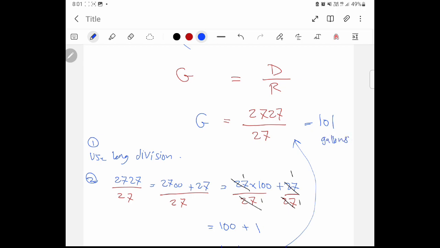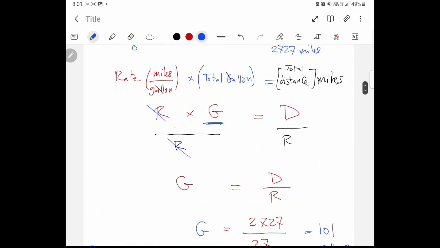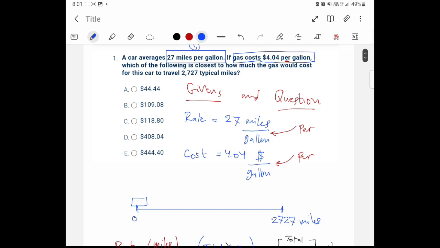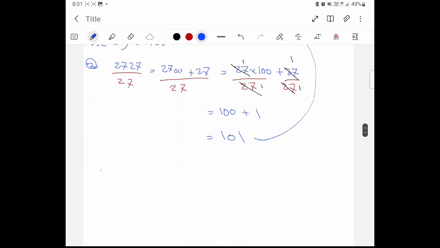Okay, so this is the total amount of gallon that the car will consume, but the question is asking for the cost. So if the cost is $4.04 per gallon, then the total cost is equal to the $4.04 per gallon multiplied by the total amount of gallon needed.